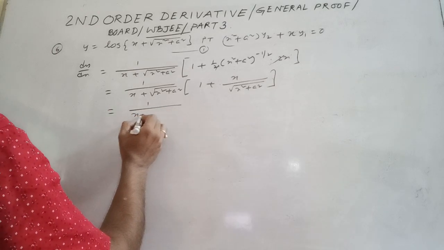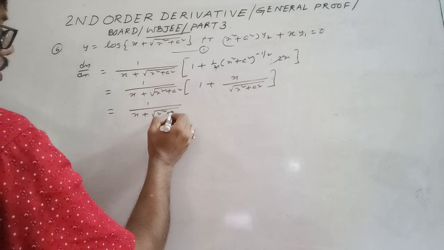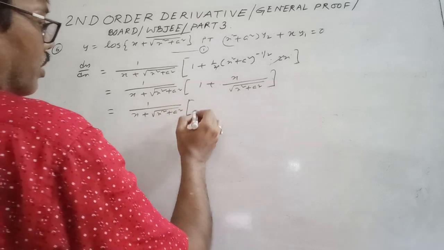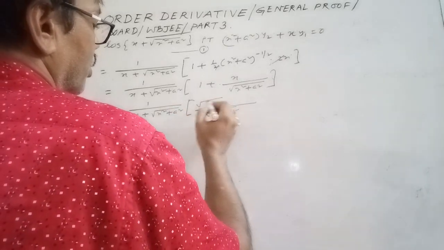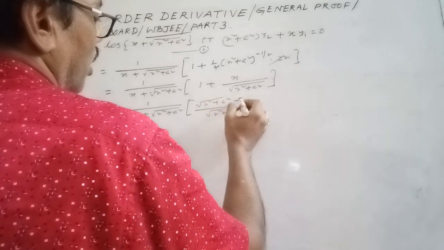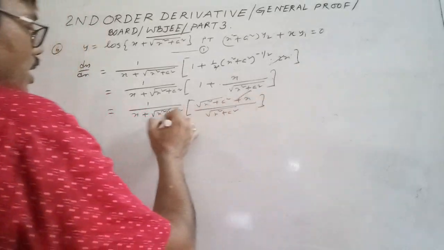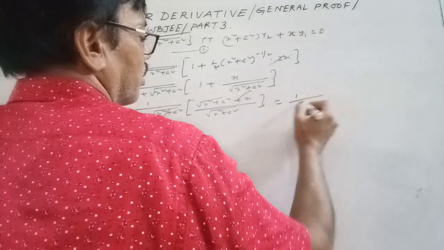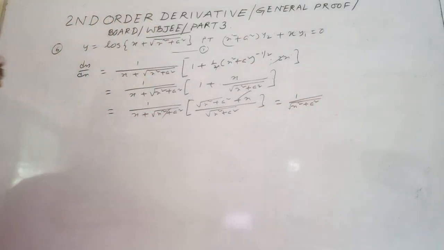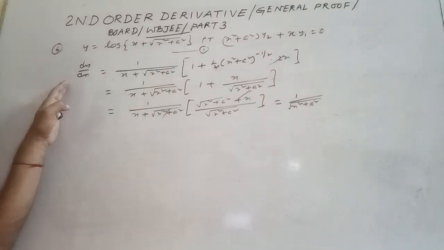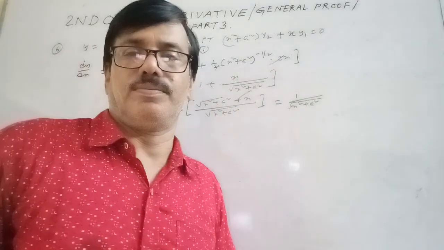Then x plus root over x square plus a square unchanged, so this and this cancel out. So we are getting dy dx as 1 by root over x square plus a square in this form.